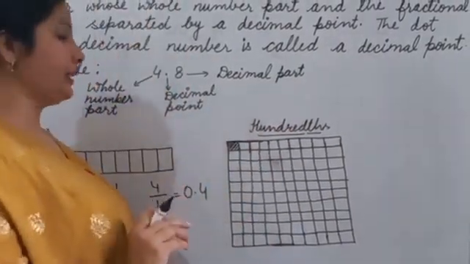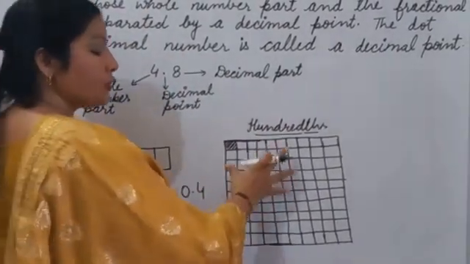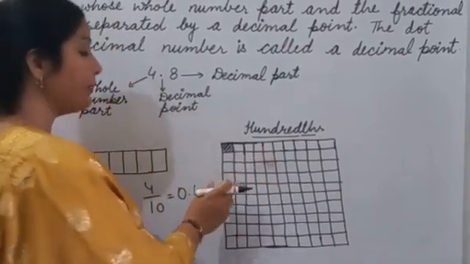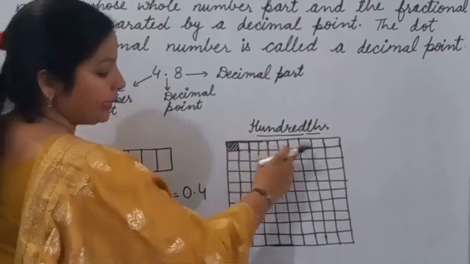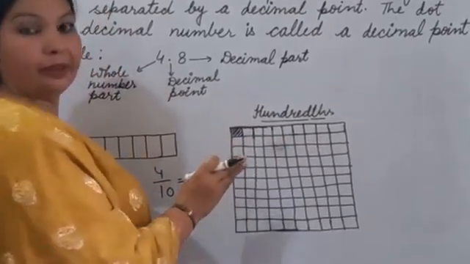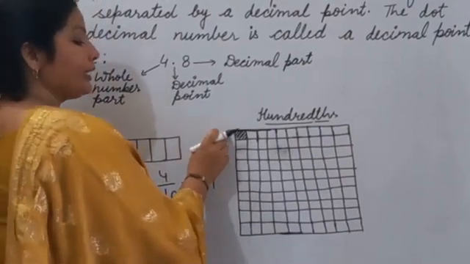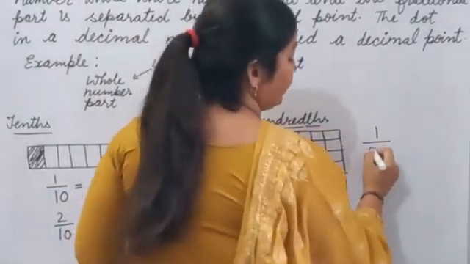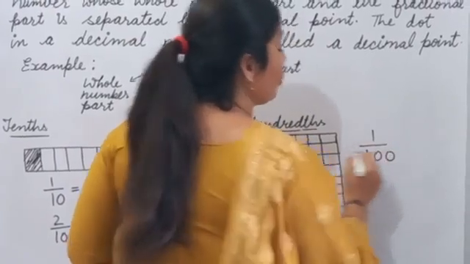Now hundredth. What does hundredth mean? 1 upon 100. Whenever in one square or rectangle we divide it into 100 parts and we take one part. I make here a square box and I divide it into 100 parts. Okay, and I take here one part. So the fraction is 1 upon 100 and this is called hundredth.